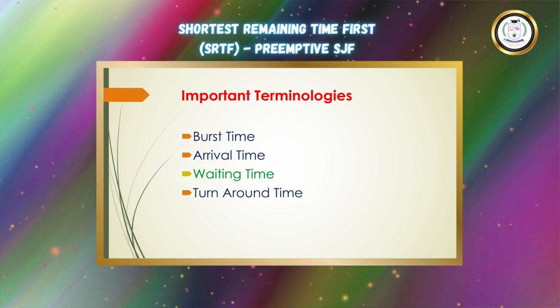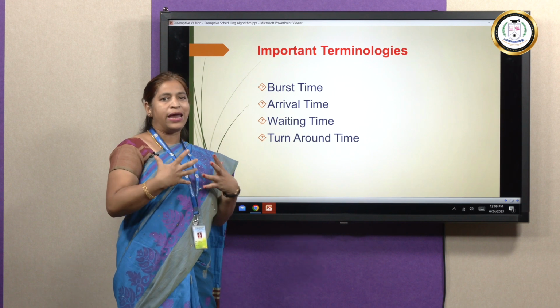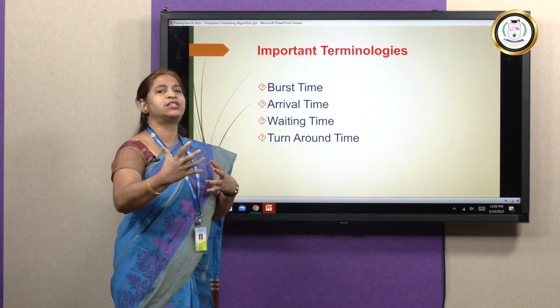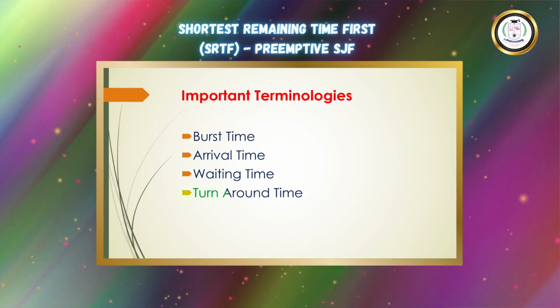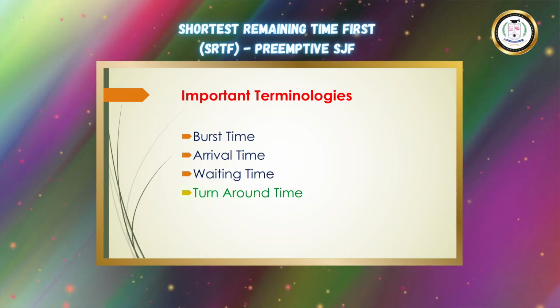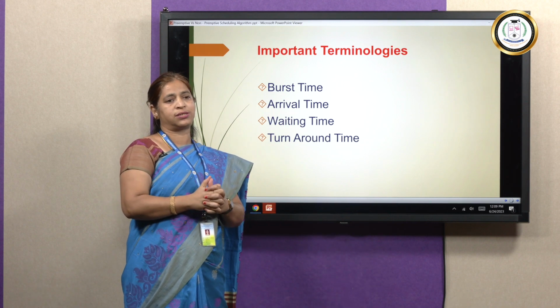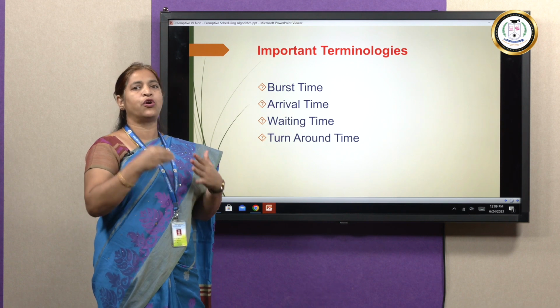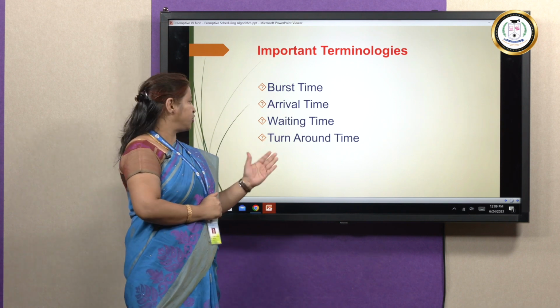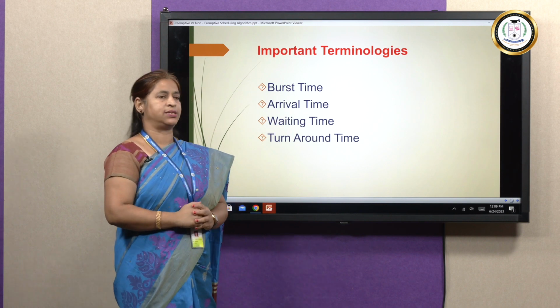Waiting time is nothing but how long a particular process waits in order to get the CPU, in order to move to running state. Turnaround time is the overall time taken for a process, which includes waiting time as well as burst time in order to complete the job. So, turnaround time is equivalent to waiting time plus burst time.